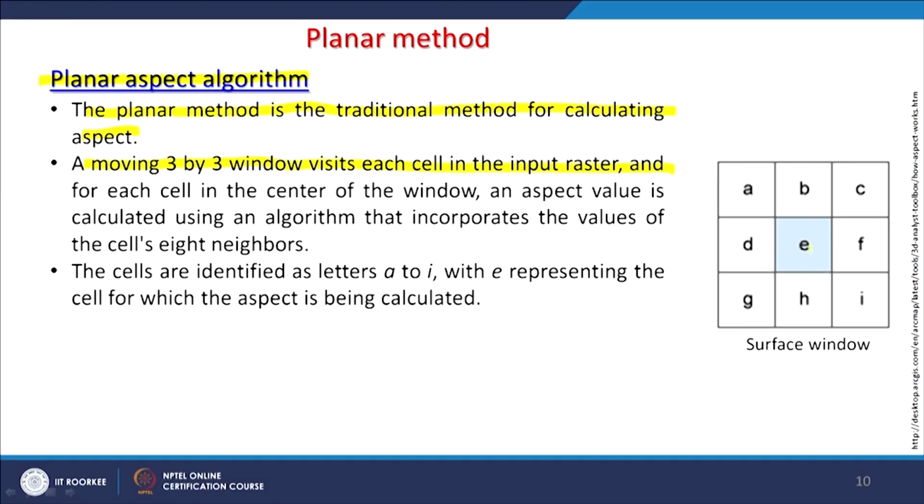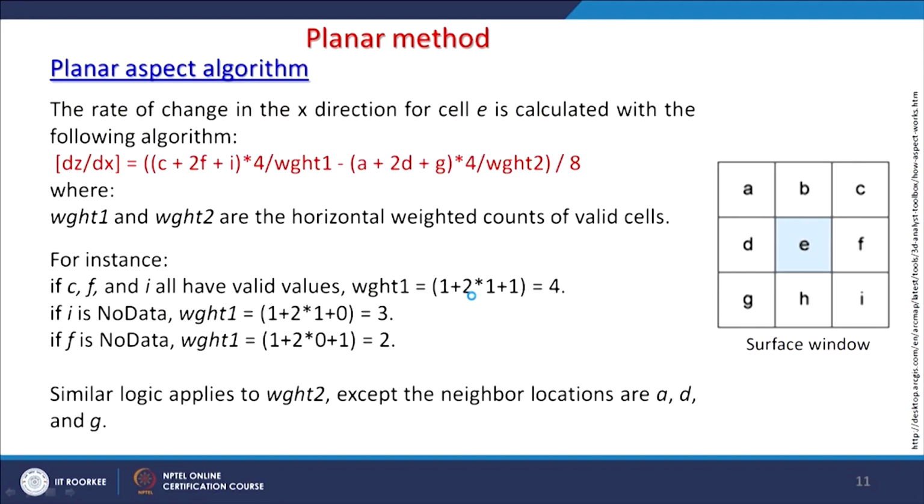Here again you have cells in our moving or roving window, that is A to I. The cells are identified by letters A to I, with E representing the cell for which the aspect is being calculated. Here the weight concept may not be possible, because for all 8 directions we have to calculate the value.